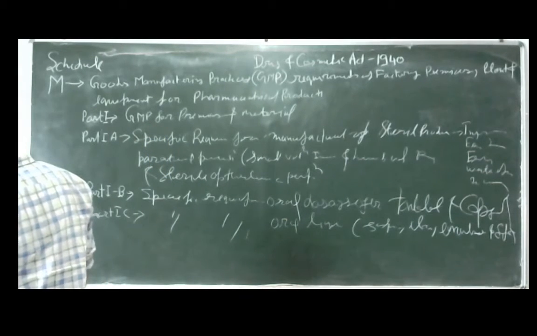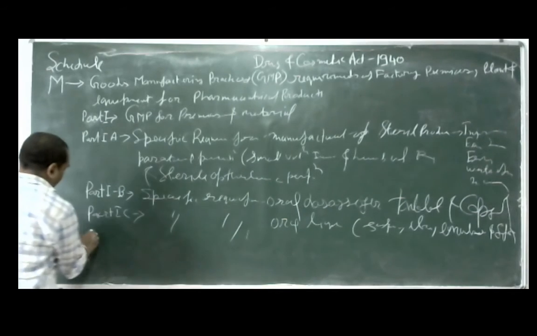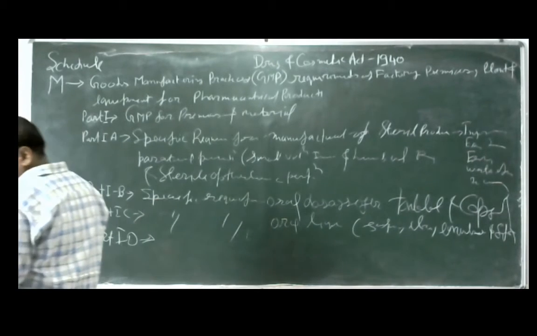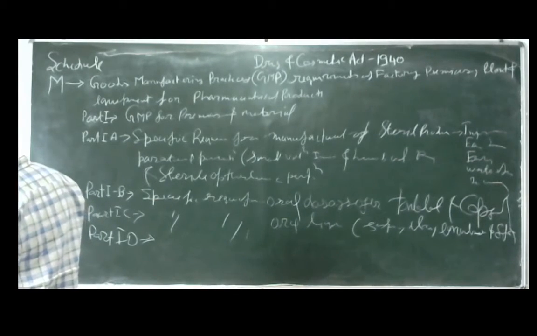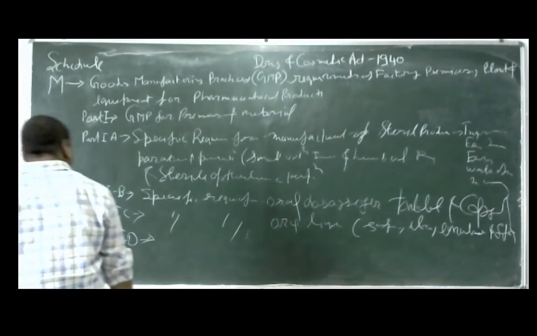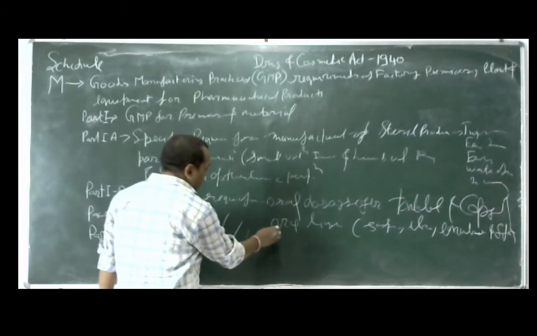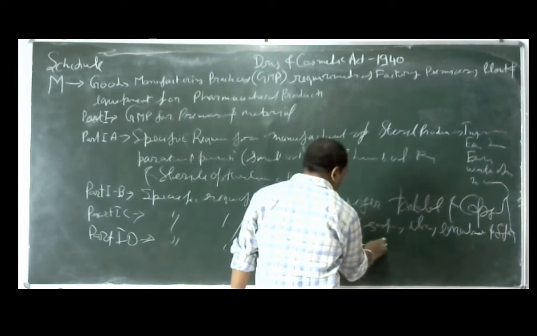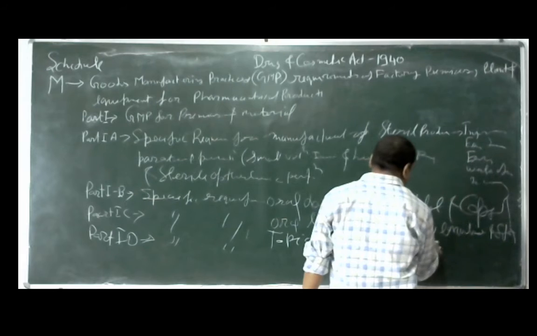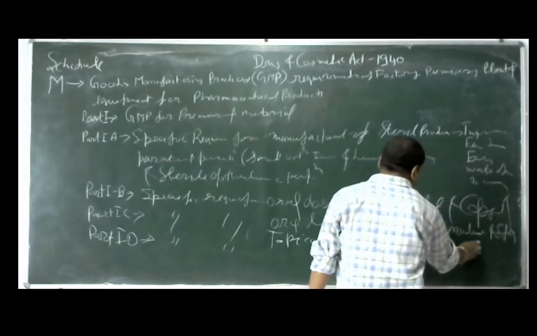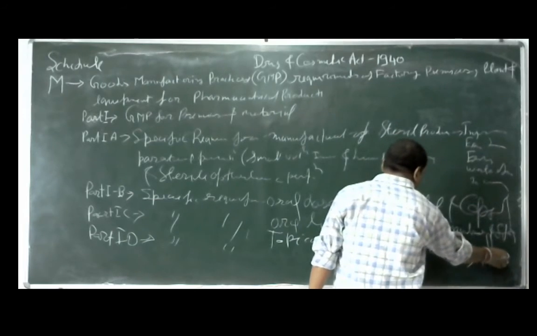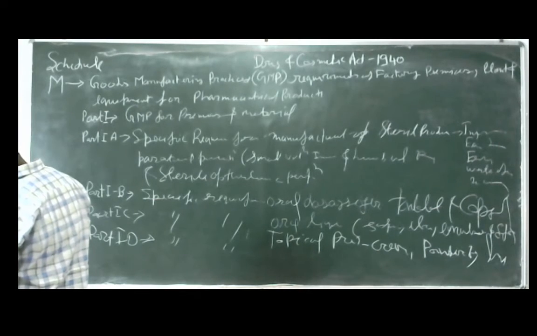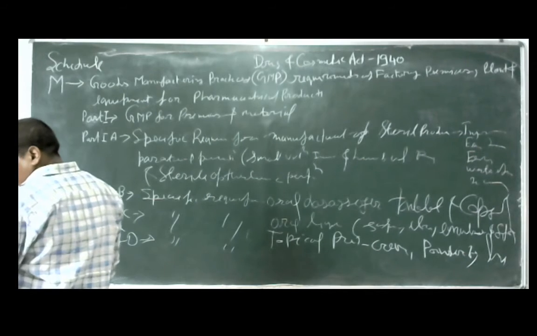Next one is Part 1D. Part 1D is specific requirements for the manufacture of topical products such as creams, powder preparations, lotions, solutions and dusting powder.